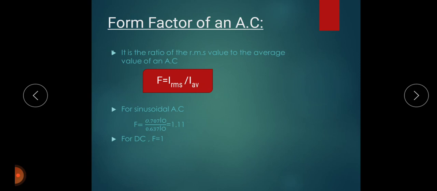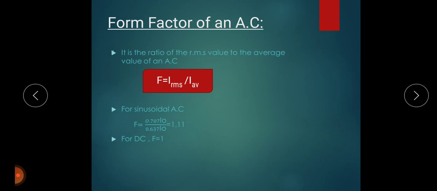For sinusoidal alternating current, we have F is equal to, which is already derived, 0.707 I naught for the RMS value of the alternating current. Next, 0.637 I naught for the average value of the current.